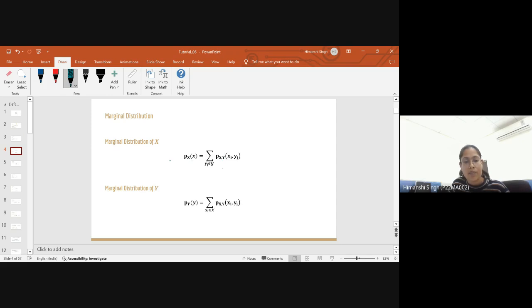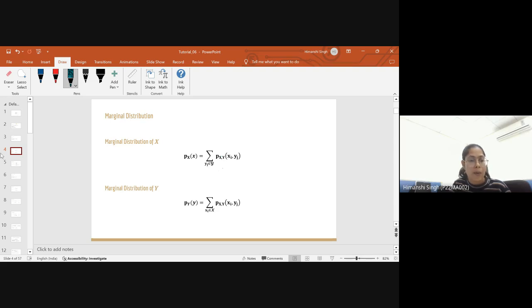Then we get the PMF of X, which is called the marginal distribution of X. Similarly, if I sum the joint PMF of (X, Y) over all the values of x, then I get the marginal distribution of Y. So we should notice that when we sum over all the values of x, we get the marginal distribution of y, and we should keep that in mind.